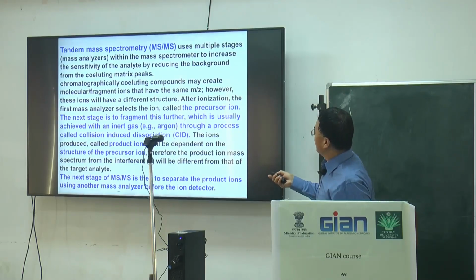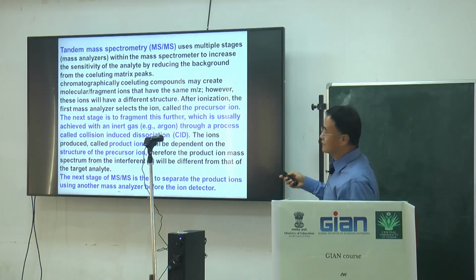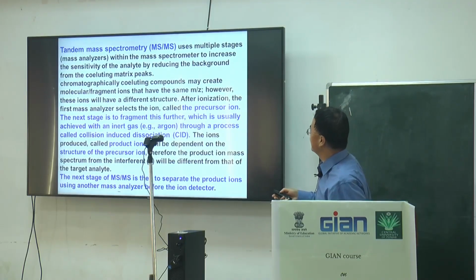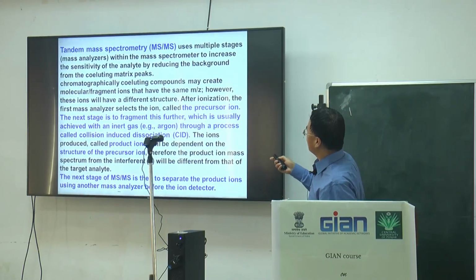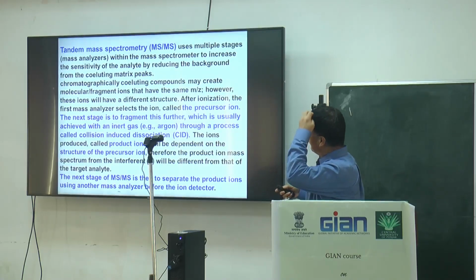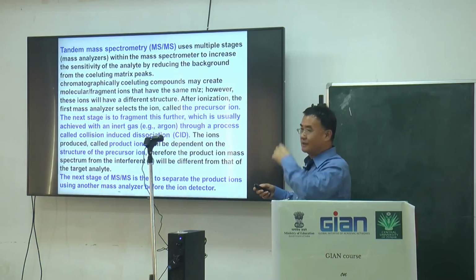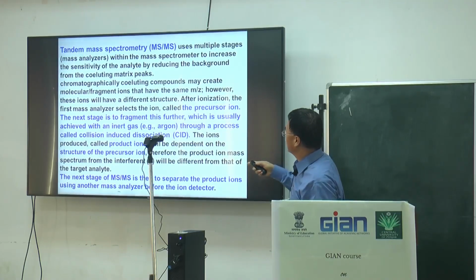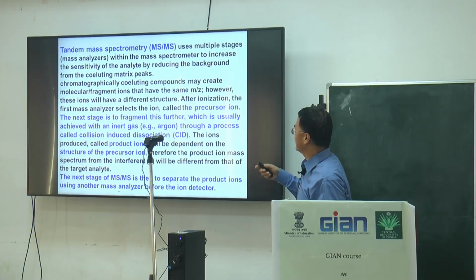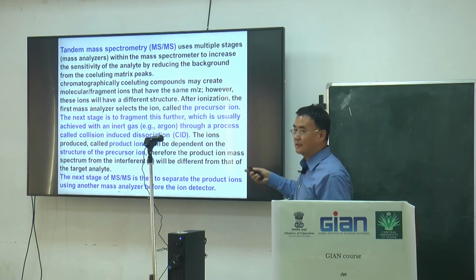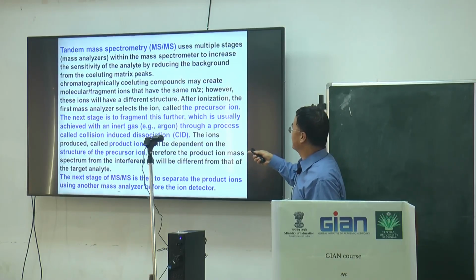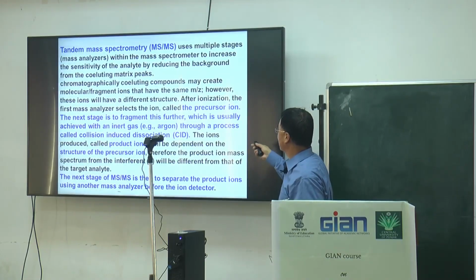So this is a kind of method to connect two mass analyzers together. Compounds with the same covalent structure generate the same fragment ions, but if they have a different structure, even with a similar molecular weight, after ionization they can be selected. The first mass selected is called the precursor ion.